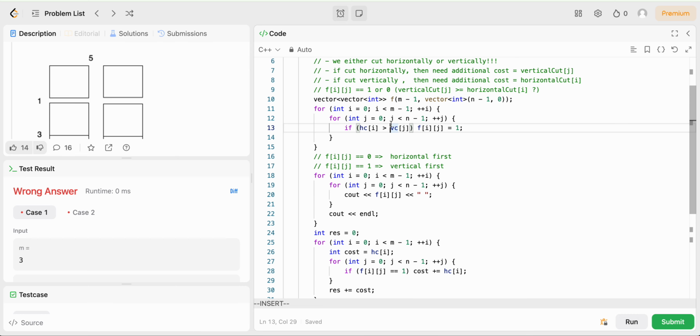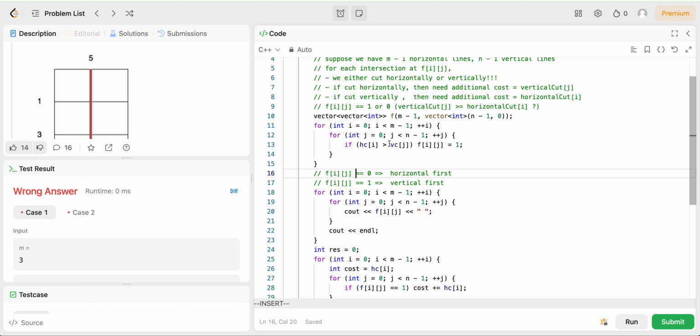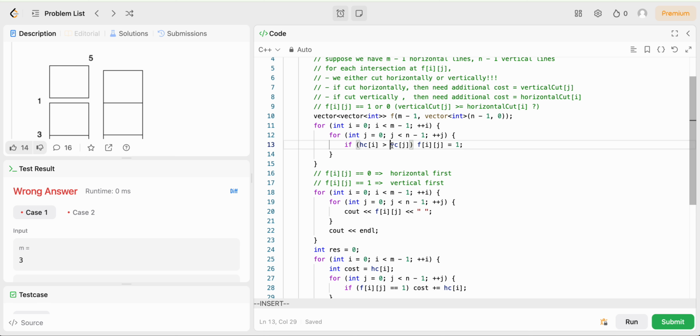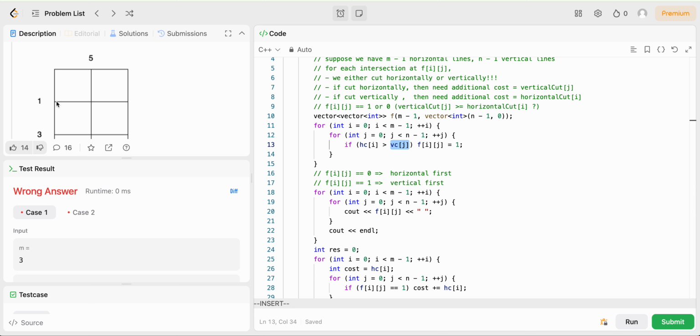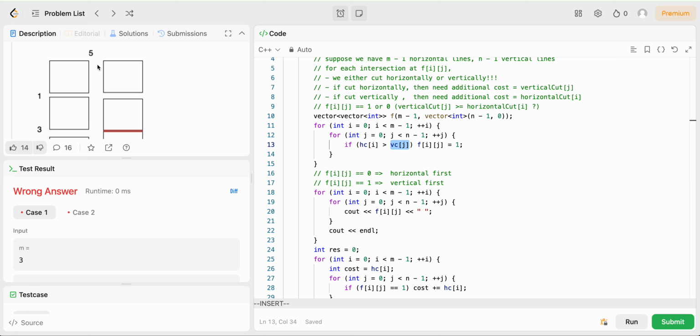Oh, I think we made this incorrect because if the HCI is greater than VCJ, it means if we do it vertically, then, yeah, the horizontal I is greater than vertical J, which means the horizontal for this line, for example, suppose this is not 5, then for example this is something less than 3, then we need this line or this line.